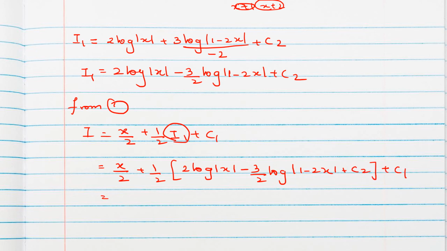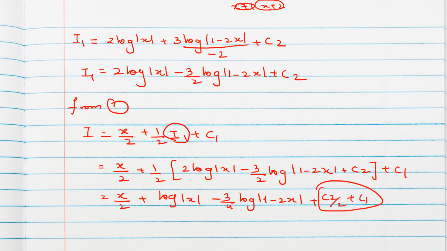Now multiply the bracket by half. So the 2 will go, log of mod x, and here minus 3 by 4 log of 1 minus 2x plus C2 by 2 plus C1. Now in place of this we can put C. So this is our final answer, plus C, where C is C1 plus C2 by 2.